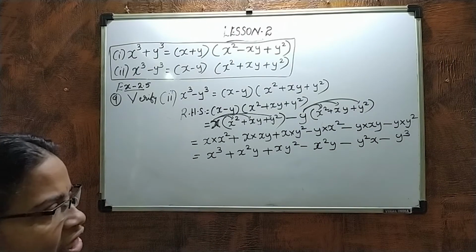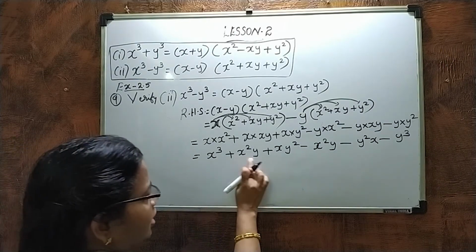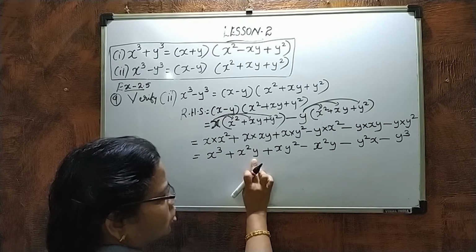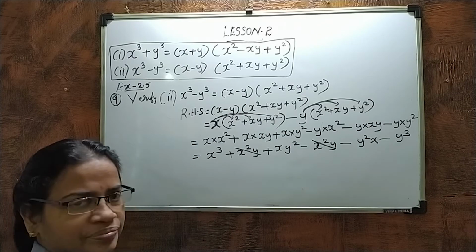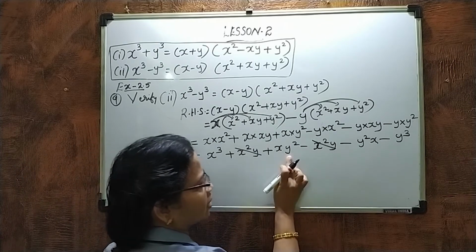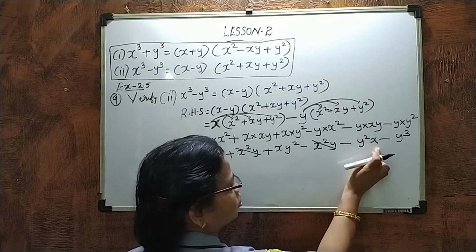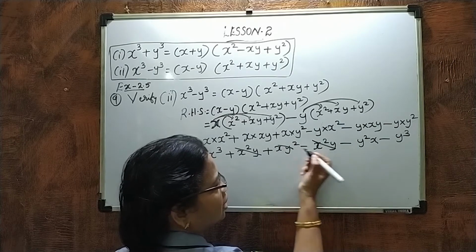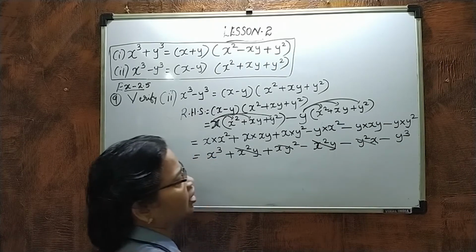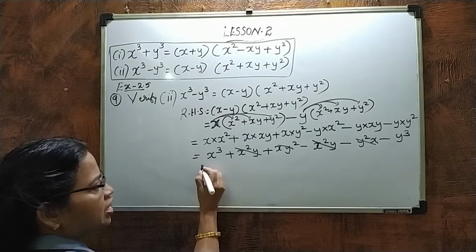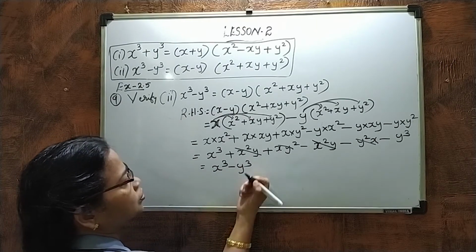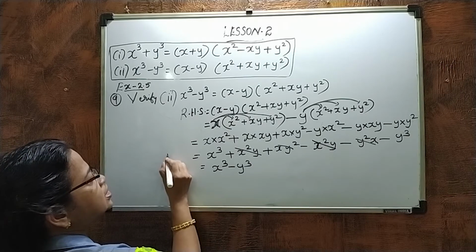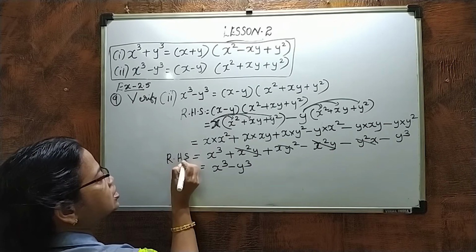Now can you cancel everything? Now look here, this x square y plus positive x square y is there, minus x square y is there, and cancel. Then xy square is there, y square x is there. Both are same. Again what is the balance then? It is x cube minus y cube. Here this is the answer for RHS.